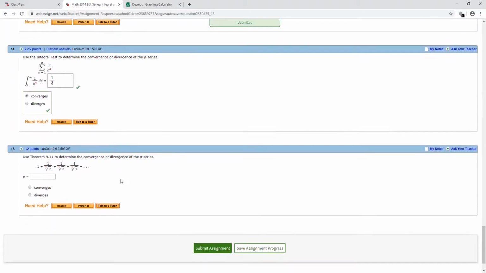But anyway, now what about this? Number 15. They say here 1 over, 1 over, 1 over. They're not coming out and saying, well, actually they said that right here. It is a P series, but they make us think a tiny bit and they want us to figure out, well, the n to what power?